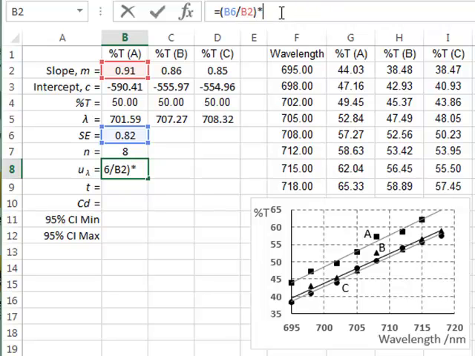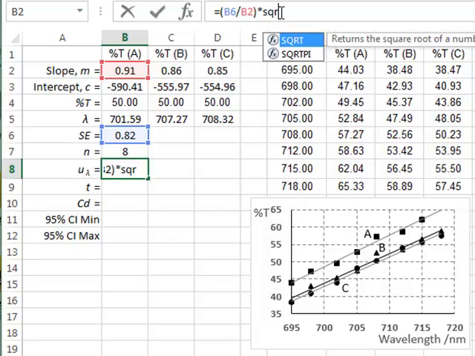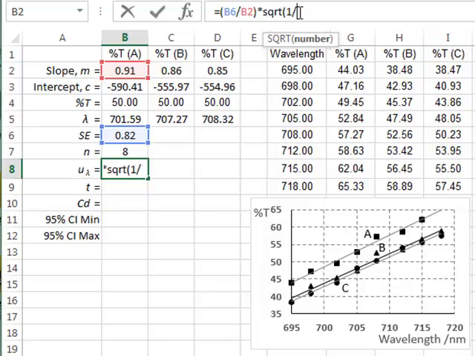We must then multiply by the square root, in which the first term will be 1 over the number of calibration points, which is 1 over 8.